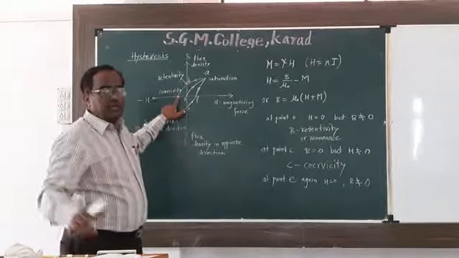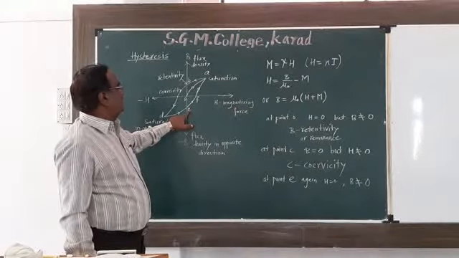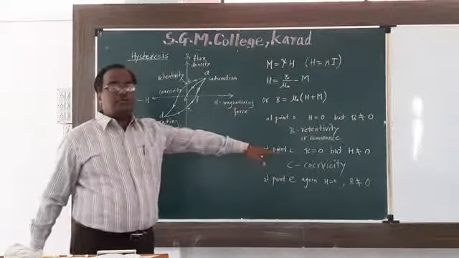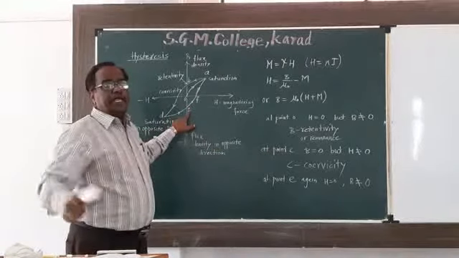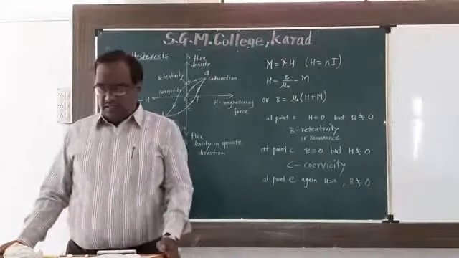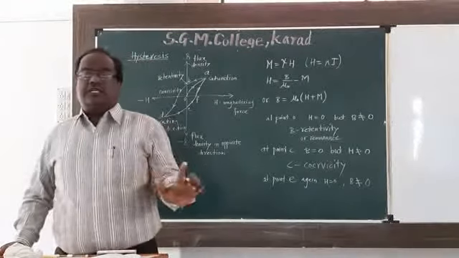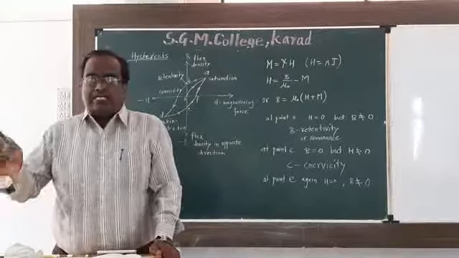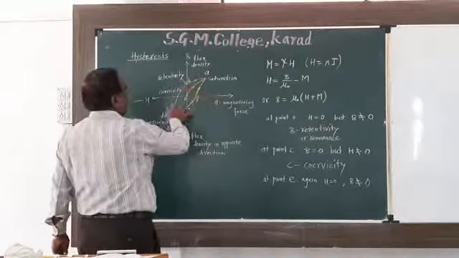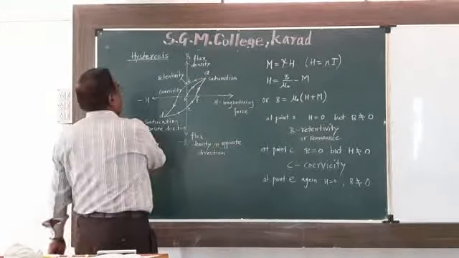And at point E, again H is equal to 0, but B is not equal to 0. Here, domain axes are in the opposite direction, but domain structure remains present. This loop A, B, C, D, E, F, A is called the hysteresis loop of a ferromagnetic substance.